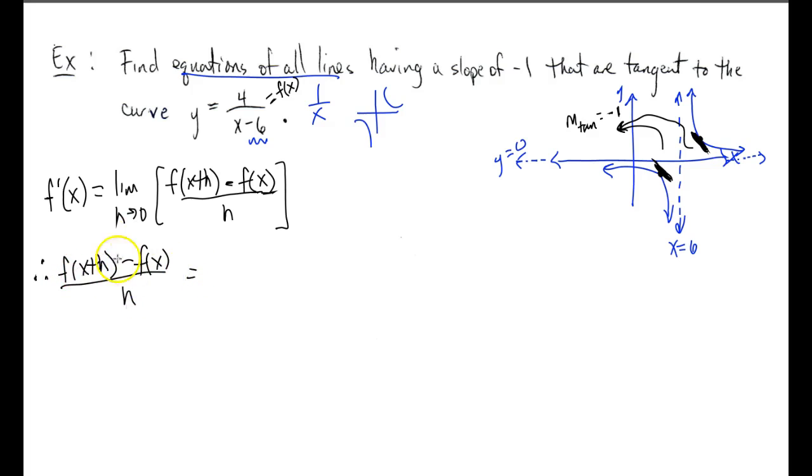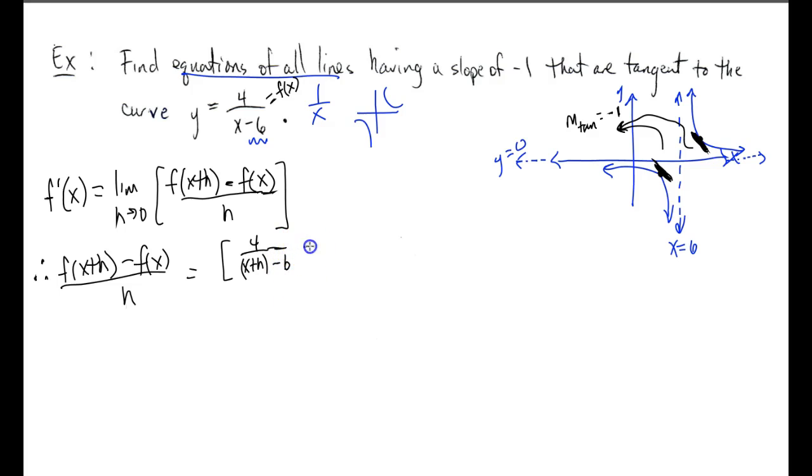Everywhere we see x in the first term of this function, we're going to replace it with x plus h. This time I'm not going to do the four-step process. I'm just going to do everything all together at once.